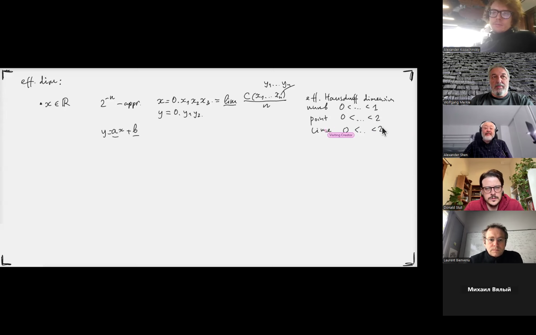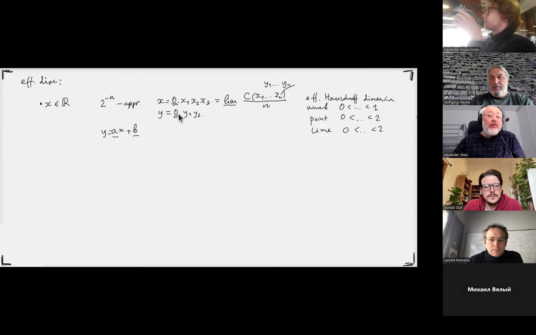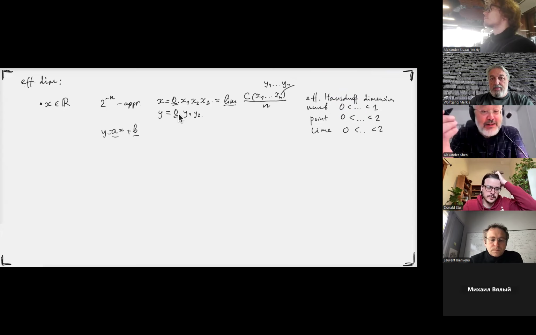It's a well-defined thing. If x is not between 0 and 1, or a point is far away, it's still finitely far away, so it doesn't really matter for the lim inf how we take into account the complexity of the part before the decimal point. This is the notion of dimension.